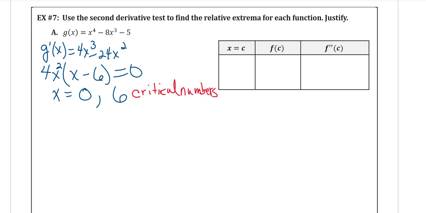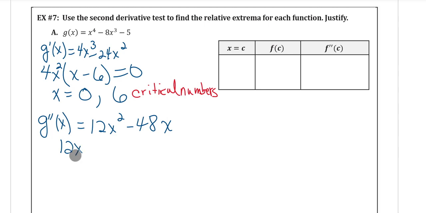Okay, then from there, we're going to take the second derivative. And we get 12x squared minus 48x. And now we're going to set that equal to 0.